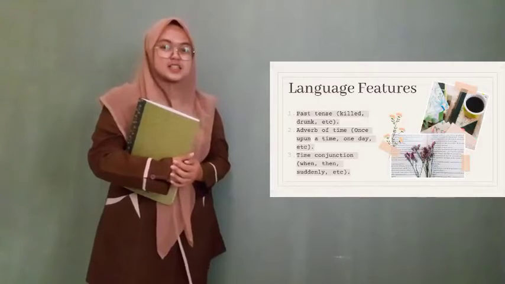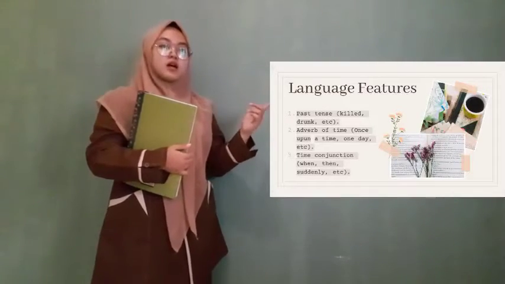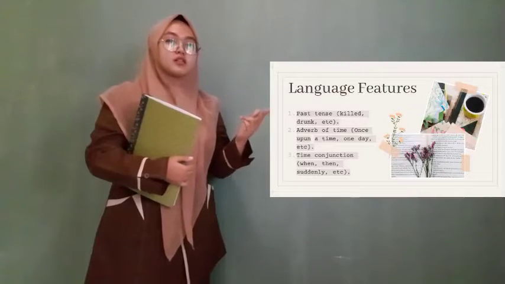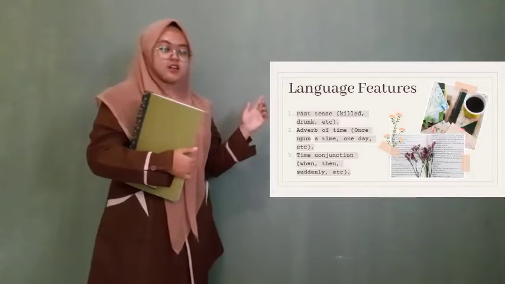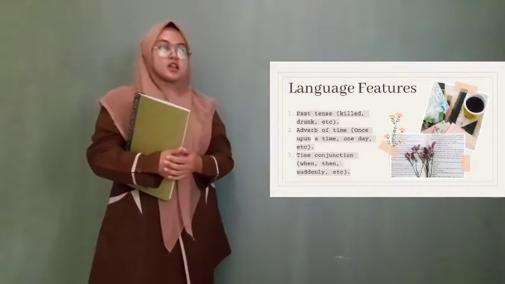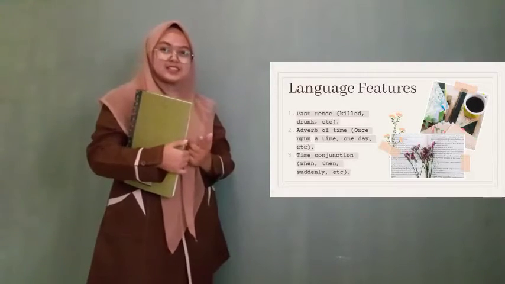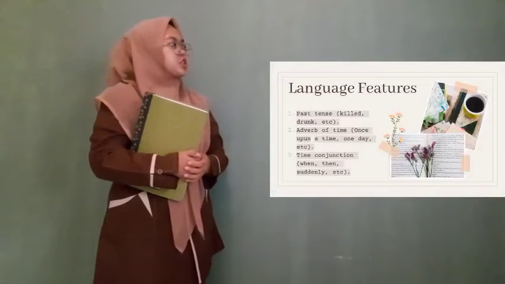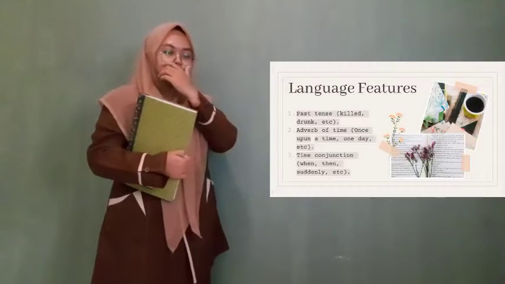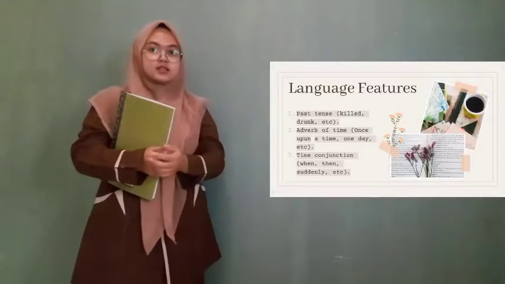Okay, the first is past tense. For example, killed, drunk, so what else? Gone, and etc. The second is adverb of time, like once upon a time and one day. The next is time conjunction, like when, then, suddenly.